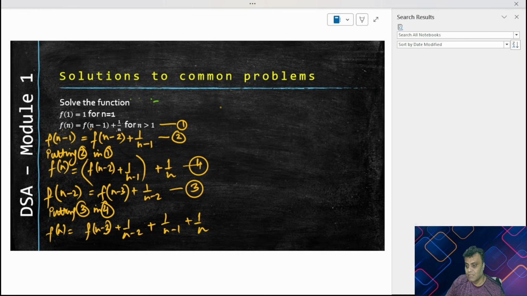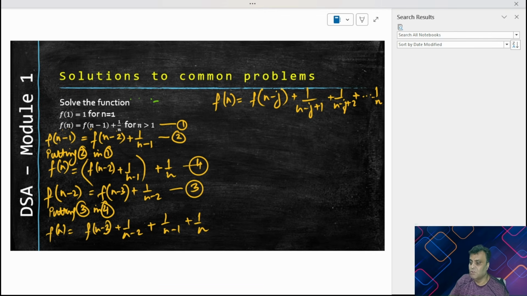So if I take a jth iteration, we did till the third iteration. If we take the jth iteration, then fn will be equal to fn minus j plus 1 by n minus j plus 1 plus 1 by n minus j plus 2 plus dot dot 1 by n, right?